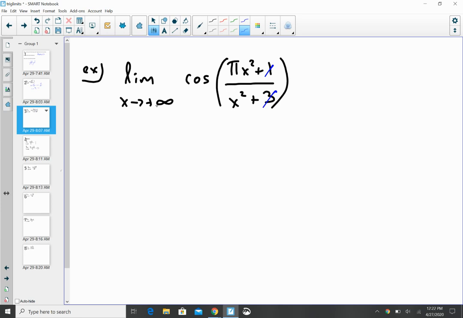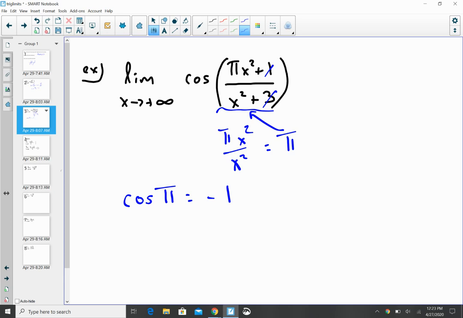So it's like saying pi x squared over x squared, which simplifies down to pi. That is what everything inside the parentheses is going to be. Then because cosine is continuous, we can just take that pi and plug it in there. And we're going to get -1 as an answer. And those are the easy examples.